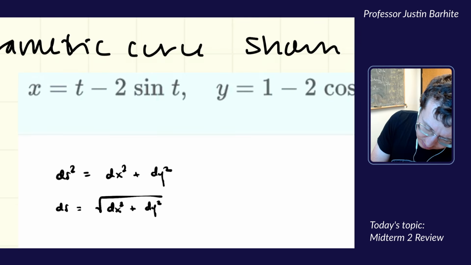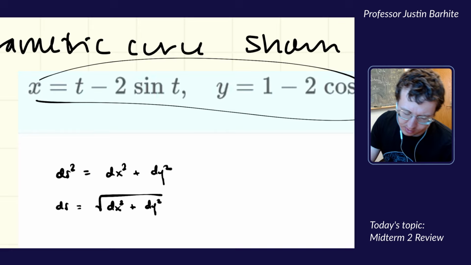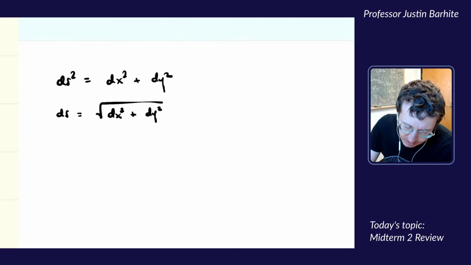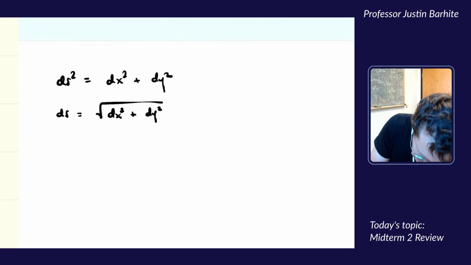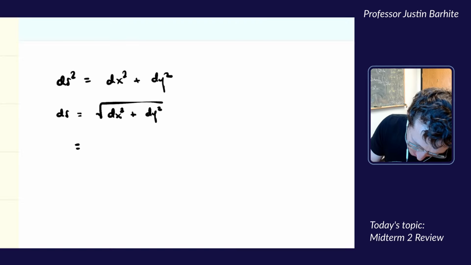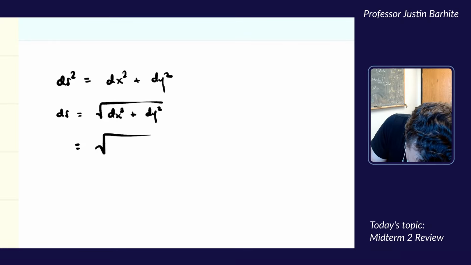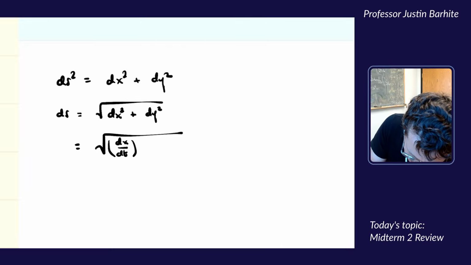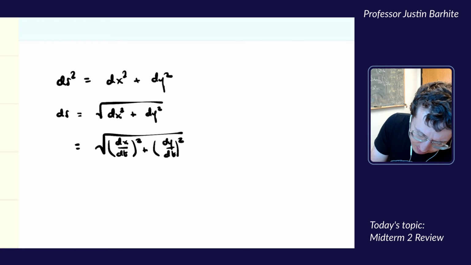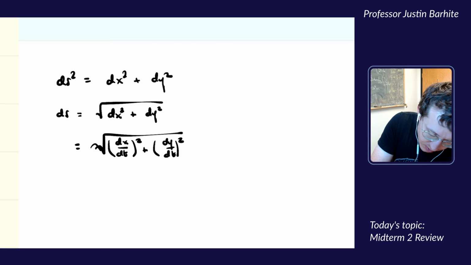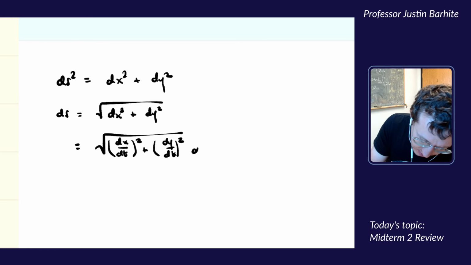And I have a parameterization with a parameter t, so I want to do everything in terms of t. I can divide by dt squared on the inside, as long as I also multiply by dt squared, but then the square root is going to reduce that to just dt.